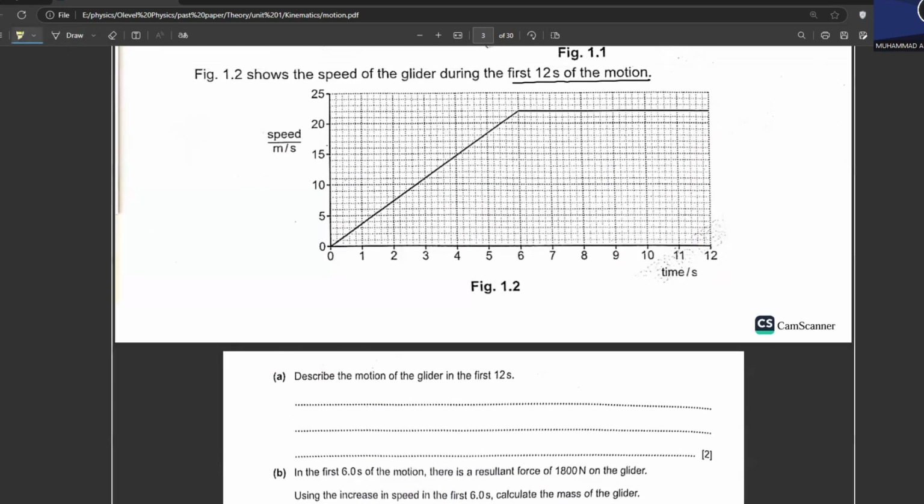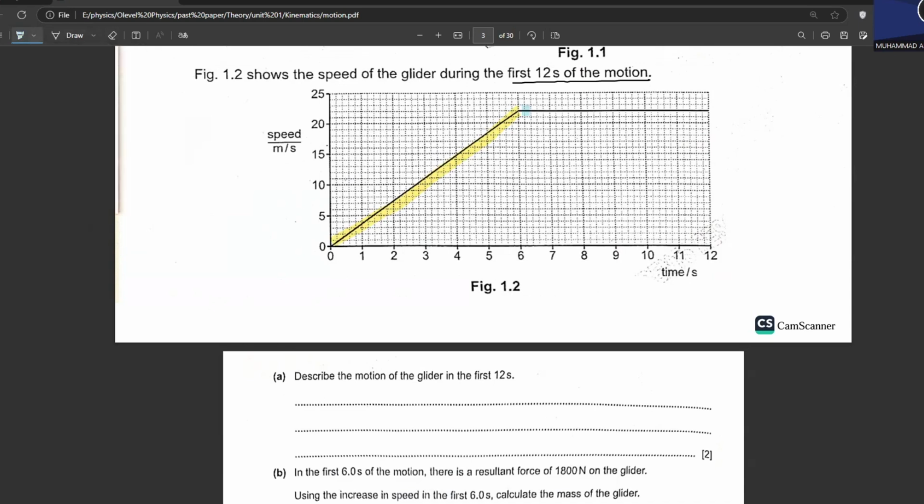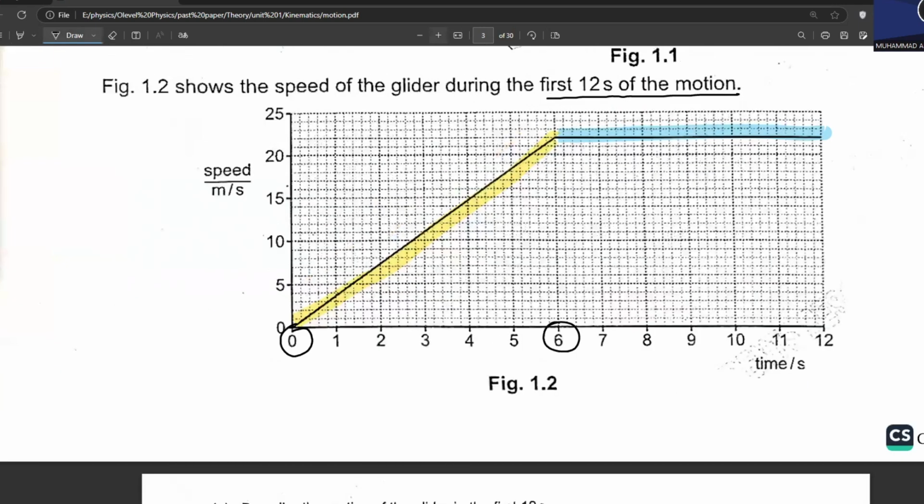If you can see, there are two things that we can describe here. This is the first motion and this is the second motion. What can we say? From time t equals 0 till time t equals 6 seconds, the glider is accelerating. Can we also calculate the value of acceleration? Yes, we can.